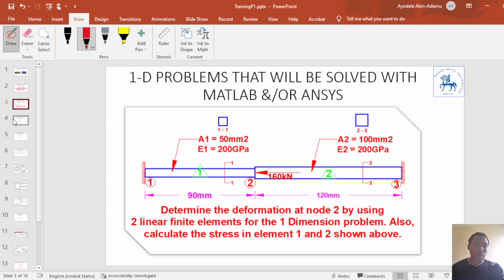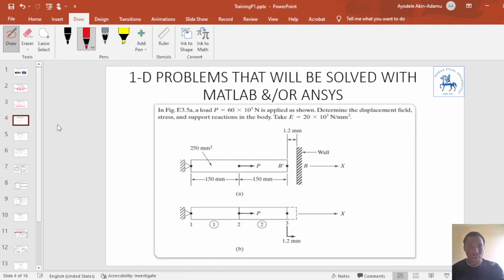The third problem that will be tackled is a contact problem. In this problem, we have a bar element that is constrained at this point, and at the other point there is a 1.2 mm gap between the support and the end of the bar.